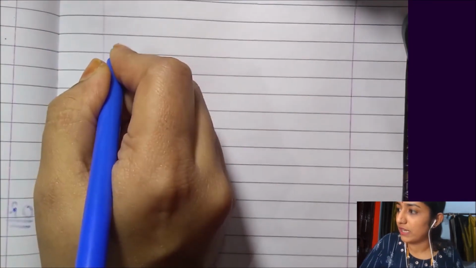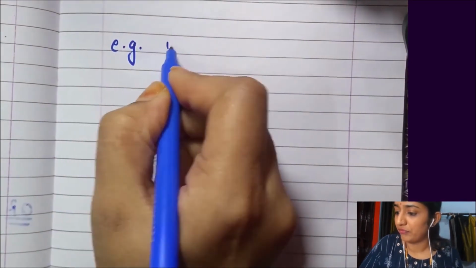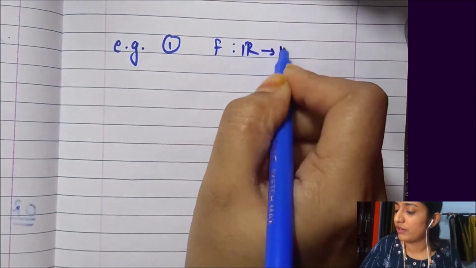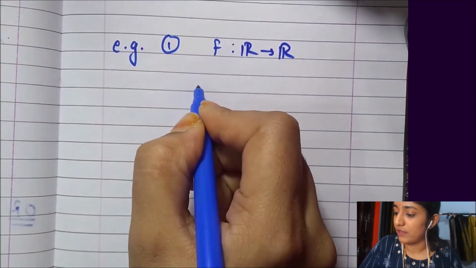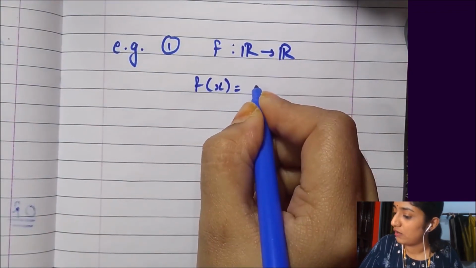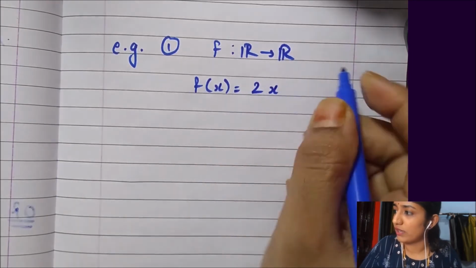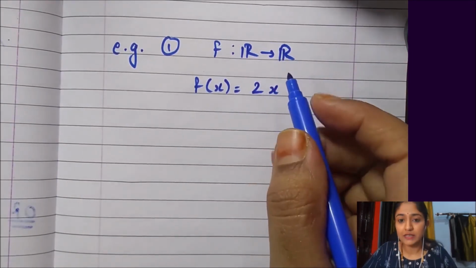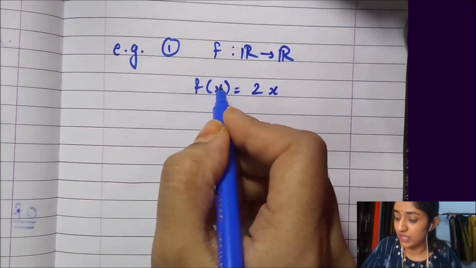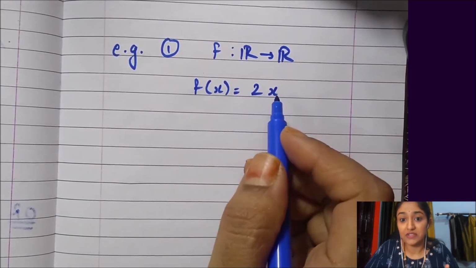Example we have already taken of a one-one function and not a one-one function, but just to emphasize, we will take one more example. f from R to R, and we will take f of x to be whatever, I can take 2x. Here every element has only one image. So distinct elements will have distinct images.